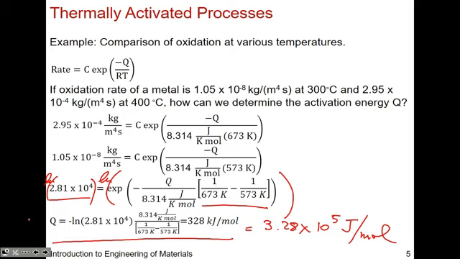Yeah? How did the 673 and 573 Kelvin go from being on the bottom of the first two equations and then being multiplied by Q over R in the divided form? So this is for simplicity, okay?